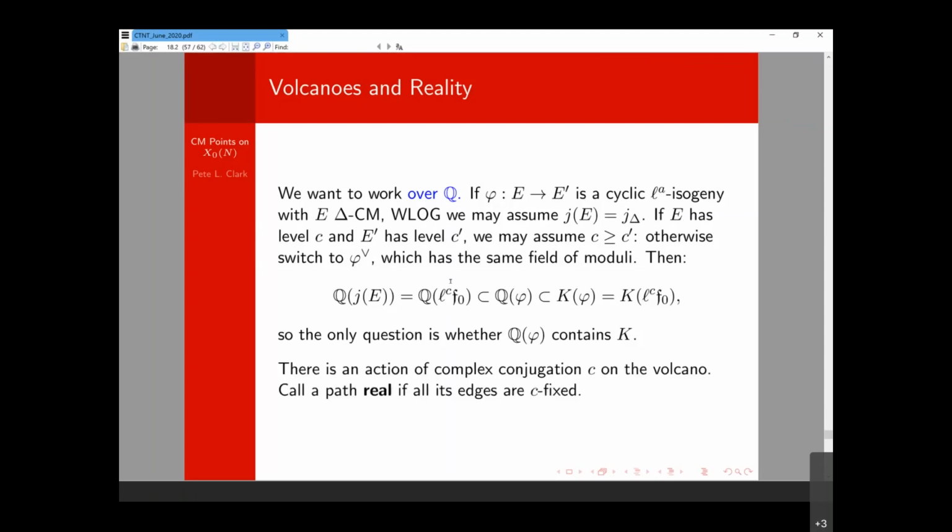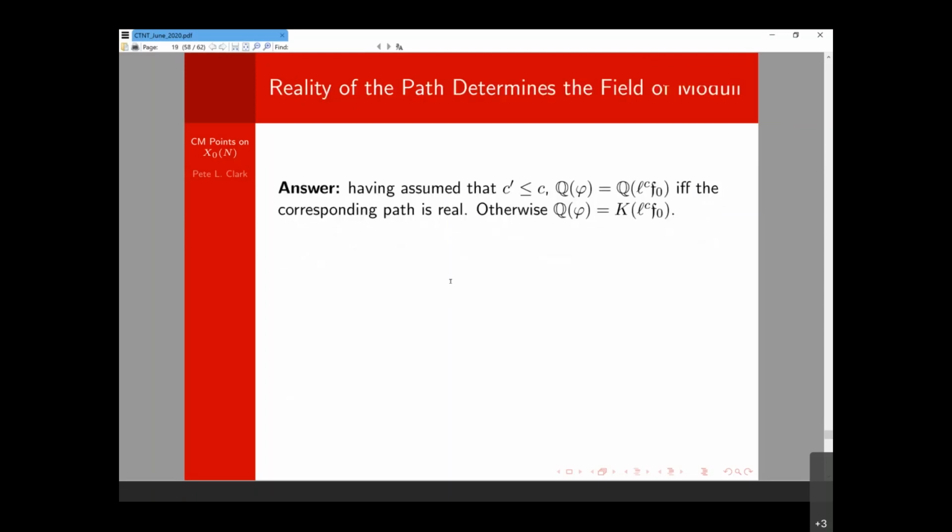And in brief, how do you decide whether the field of moduli contains K? You decide that by looking at the action of complex conjugation on the isogeny volcano. It does act on the isogeny volcano. Basically the action is determined by the vertices, and the vertices are literally just complex numbers, so your vertex is fixed if your complex number is a real number, and let's call the path real if all the edges are fixed under complex conjugation.